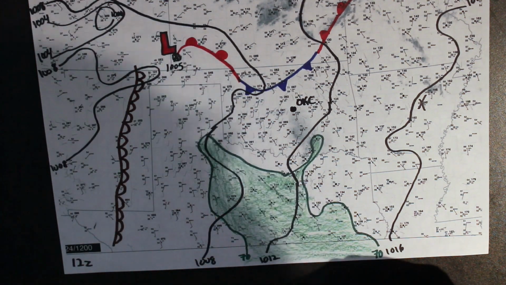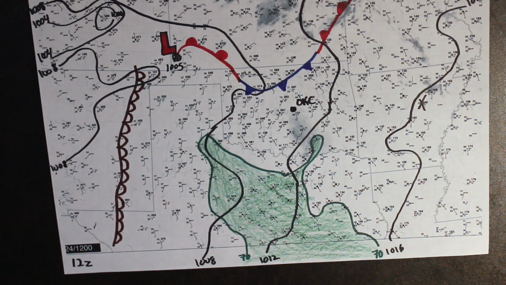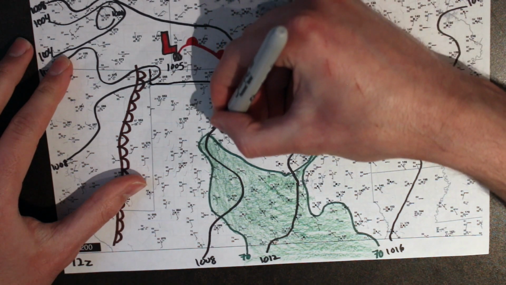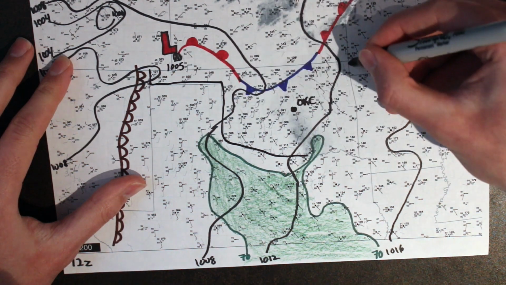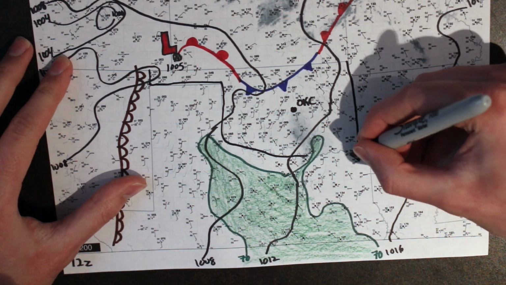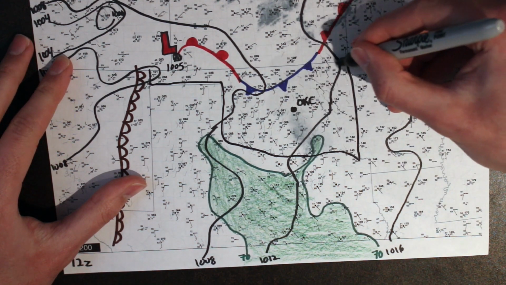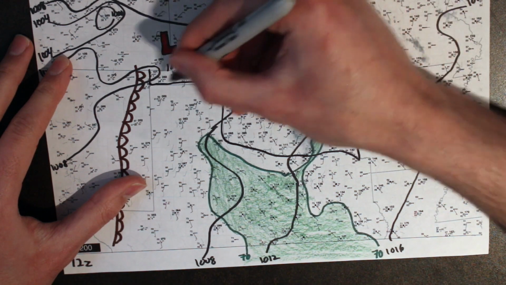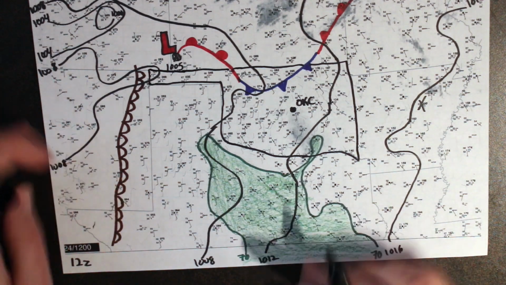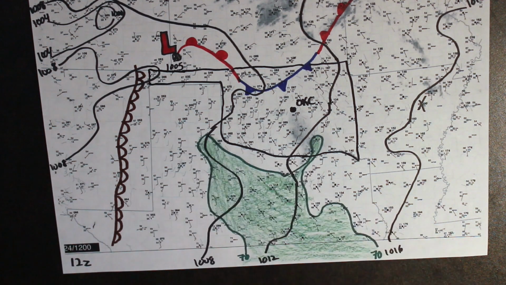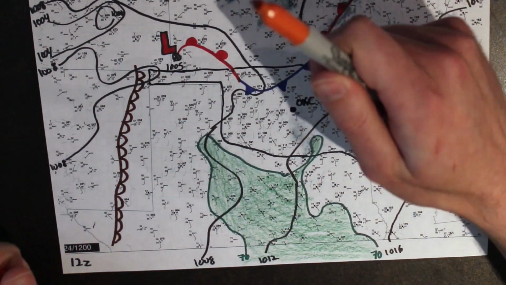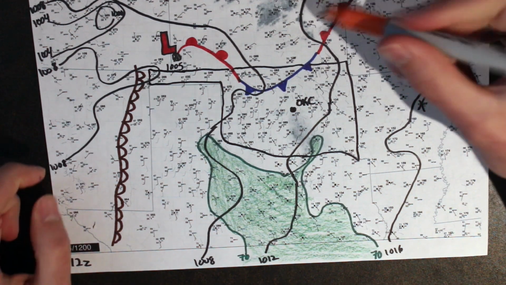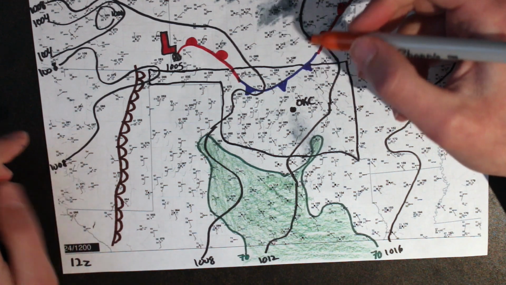So in this case, I'm just going to do it in black here. I'm going to outline Oklahoma. And these maps are going to get pretty messy, and it's normal. So I'm just going to do it for this map so you can actually see what I'm doing. Now I'm going to use the orange marker, and I'm going to draw in that 30%. You remember that 30% risk area?